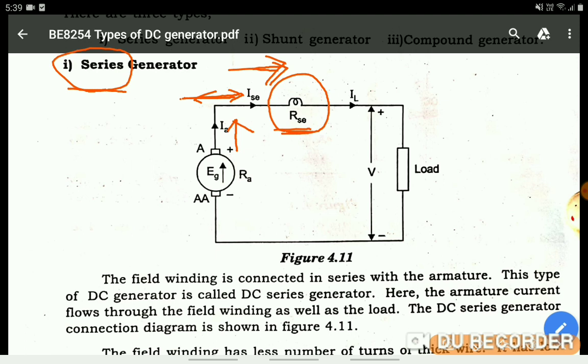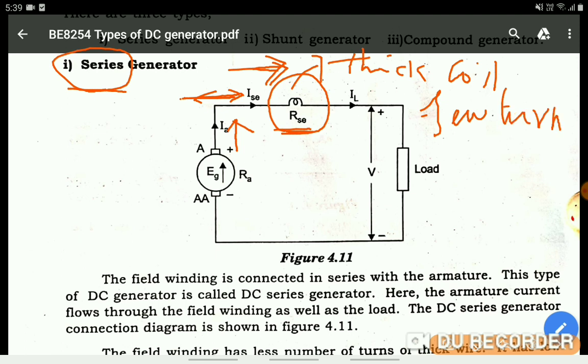That is why we need to make the series field coil a thick coil with few turns. Why? Because it is in series with the armature and receives the whole current delivered by the armature. In order to avoid damage, it should be made with thick coil of fewer turns.